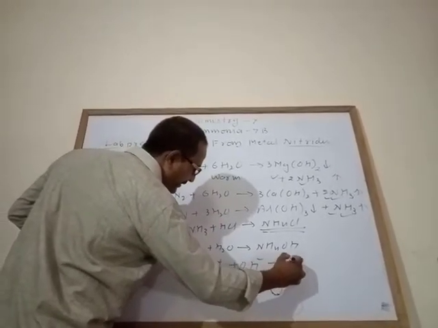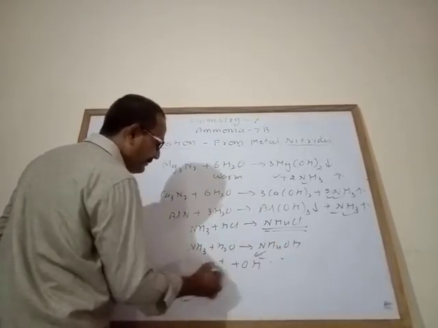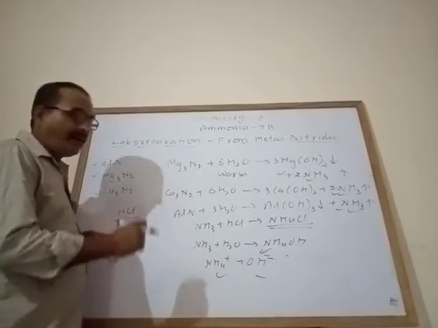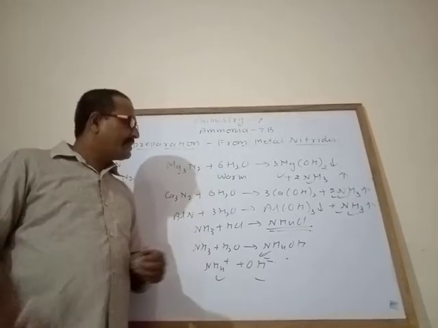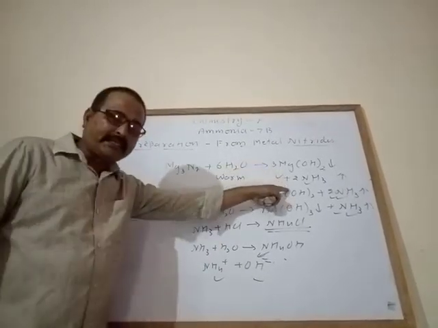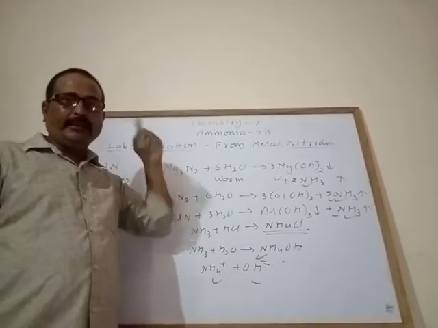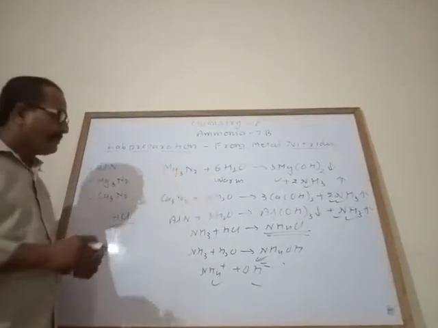I had already explained. Due to the presence of these ions, ammonium hydroxide is a weak electrolyte. Ammonia gas is basic in nature because it is a polar covalent compound.